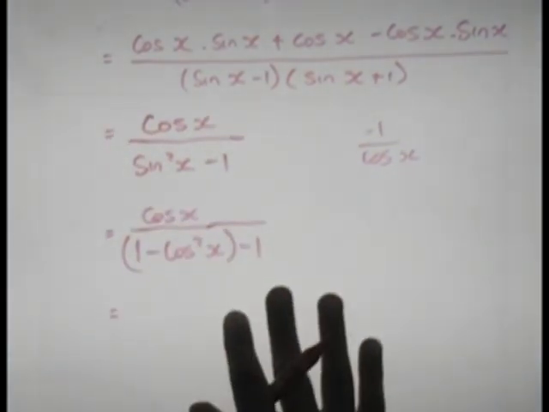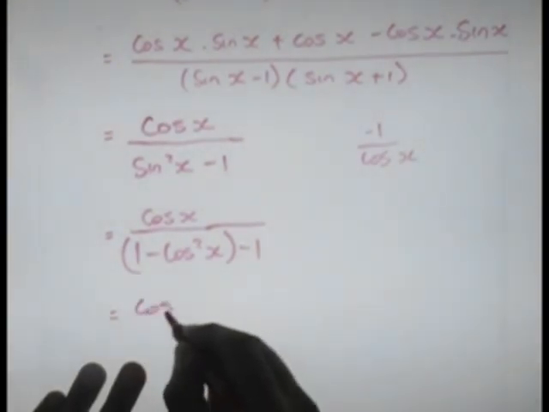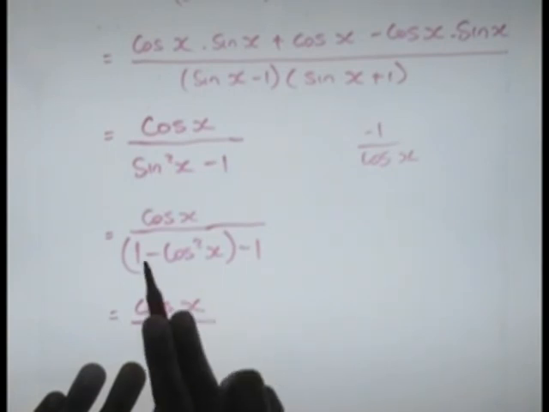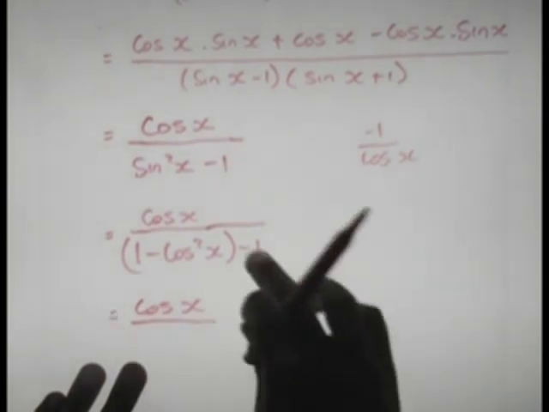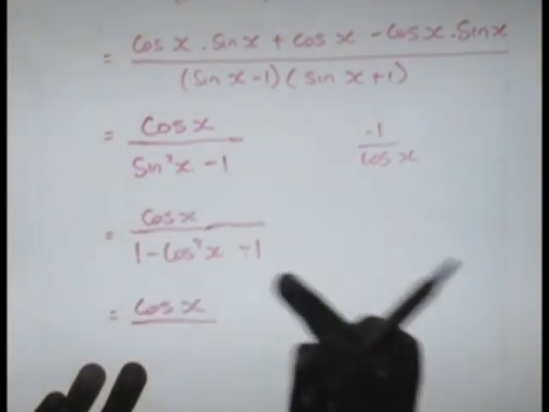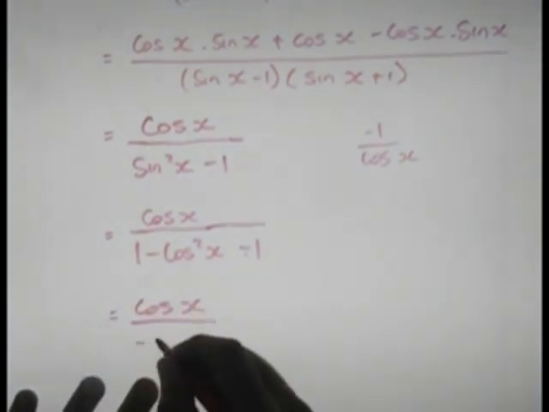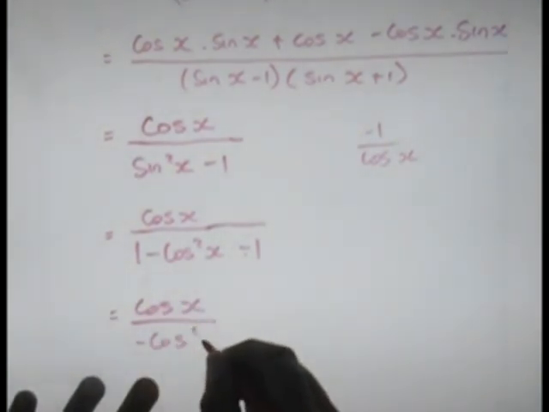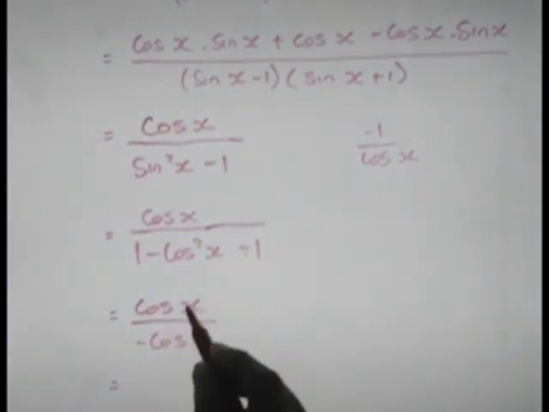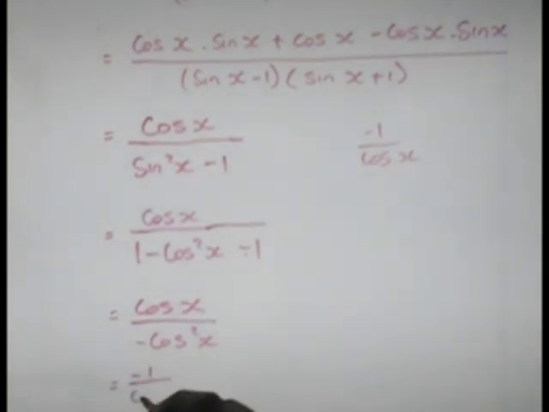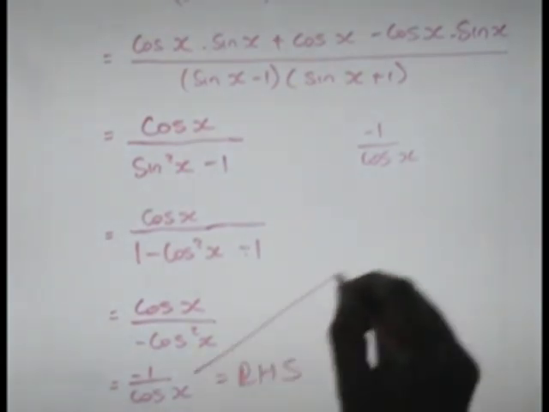That's going to equal cos x over 1 minus 1. I can just take the brackets away because there's no multiplying by the bracket. 1 minus 1 cancels each other out, which gives me an answer of negative cos squared x, which cos x and cos squared x will cancel to leave me with negative 1 over cos x, which is equal to the right hand side.